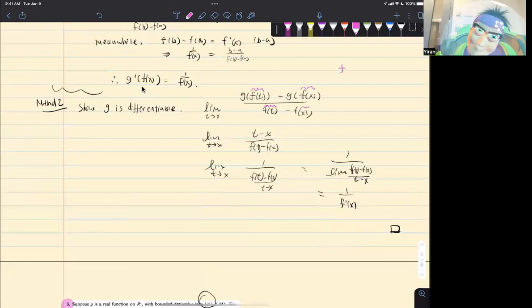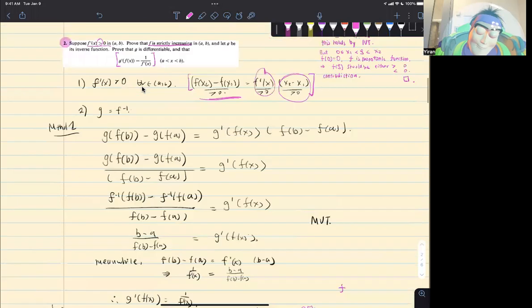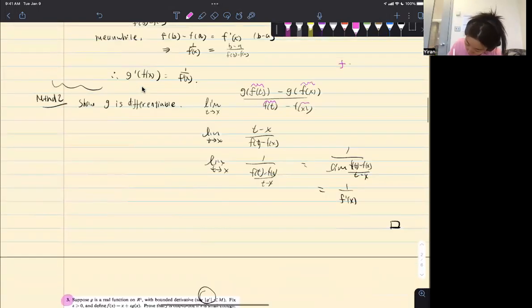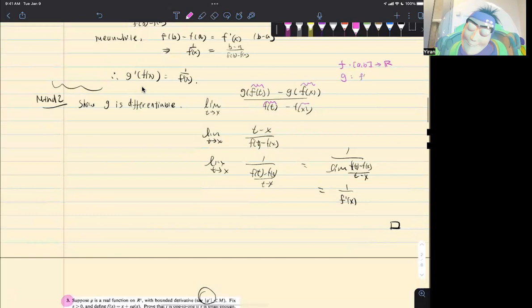So if you think of f as a function from (a, b) to R, then g should be a function from f((a, b)). So the domain of g is actually f((a, b)).